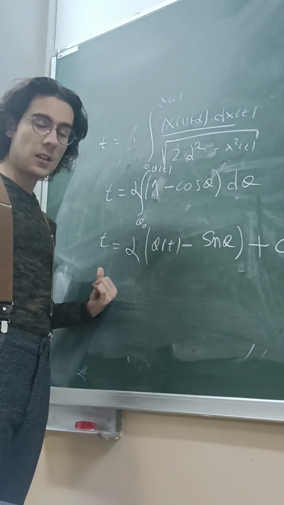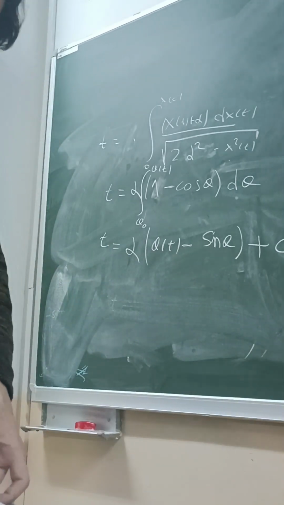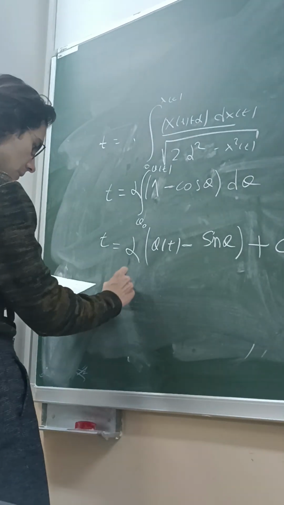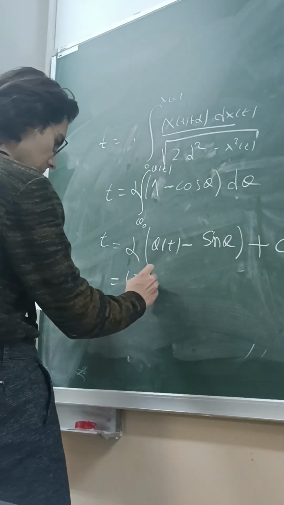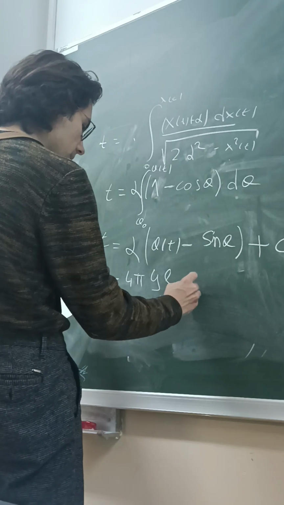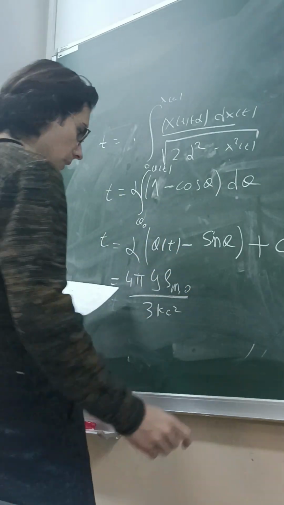This is actually the evolution of it. We have alpha here. Alpha was actually, let me write it down again: 4 pi G rho m naught divided by 3 k c squared. K is 1 in here.